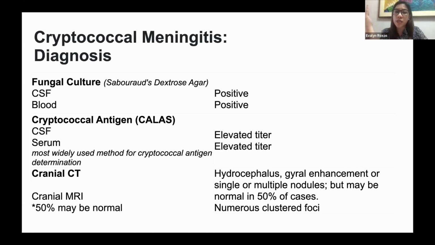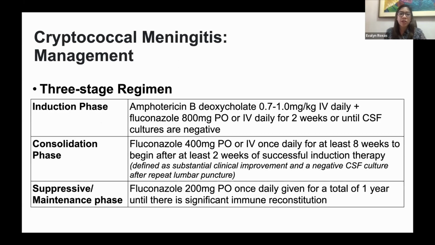So both serum and CSF can be specimens that can be subjected for CALAS. And if you have cryptococcal meningitis, you can have an elevated titer both on the CSF and serum. And again, you can request for cranial CT scan or even MRI, and these are the most common CT and MRI findings for cryptococcal meningitis. You can also request for fungal culture, which is a definitive test for cryptococcal meningitis.